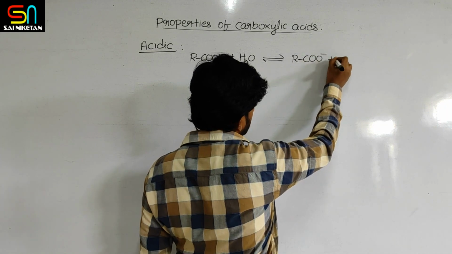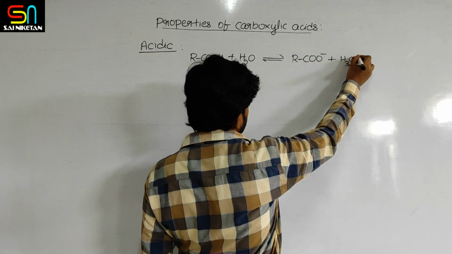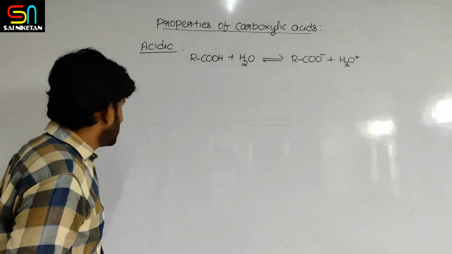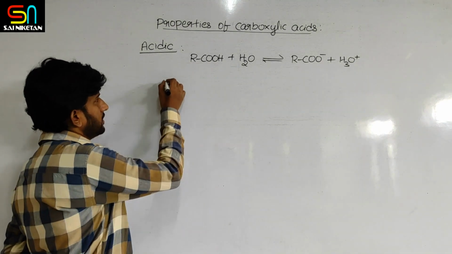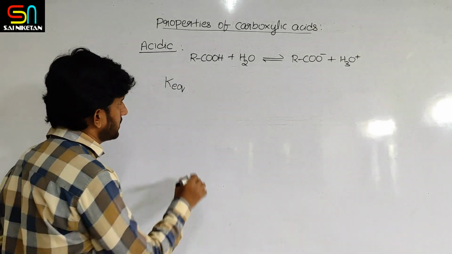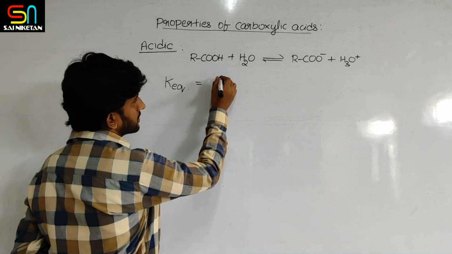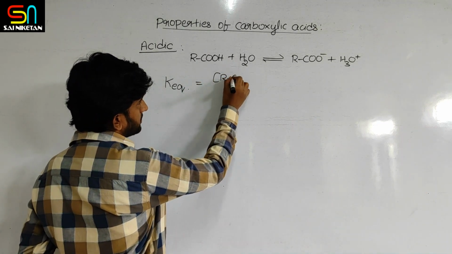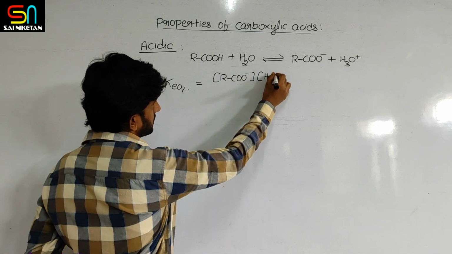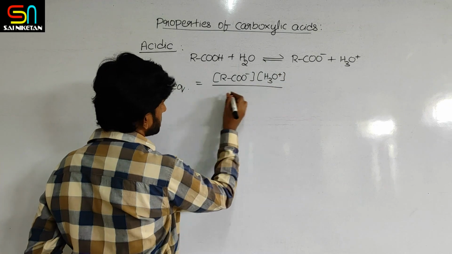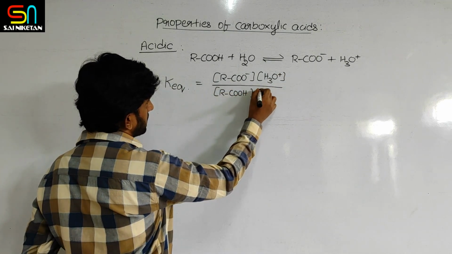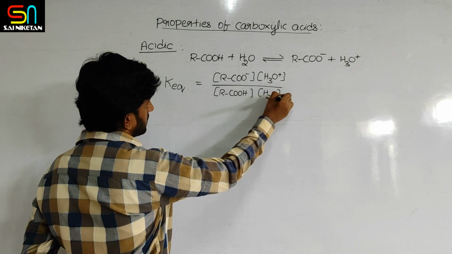Along with this ion, H3O plus or hydronium ion is formed, right? Now I would like to write the equilibrium constant K for this reaction: products concentration divided by reactants concentration.